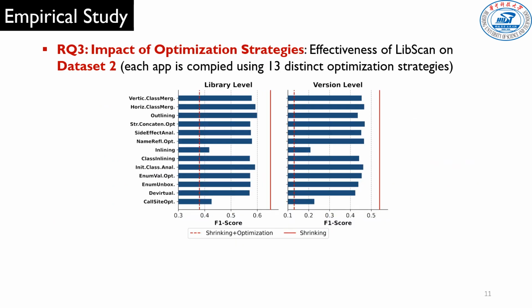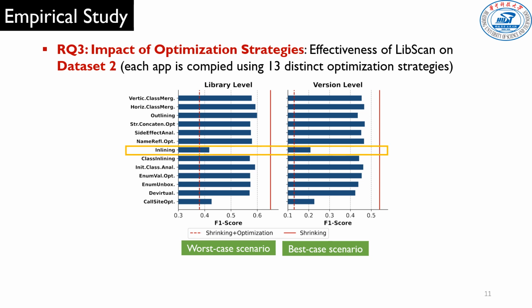Our third research question examines how different optimization strategies affect library detection using dataset 2, where each app is compiled with 13 distinct strategies. The graph shows F1 scores for LibScan at both the library and version levels, with the red dashed line indicating the worst case scenario and the red solid line showing the best case.